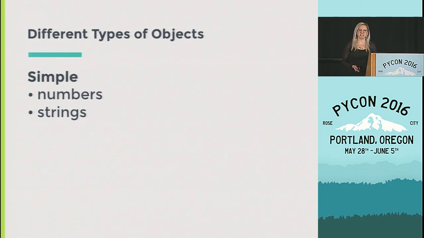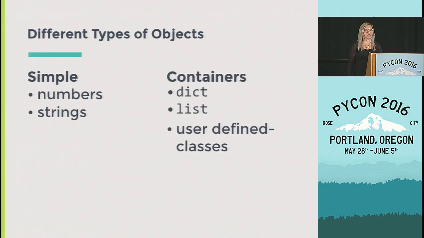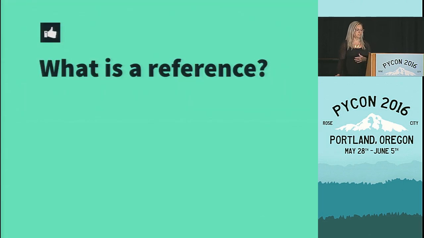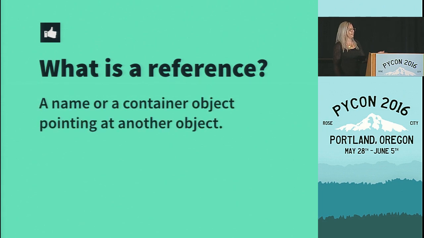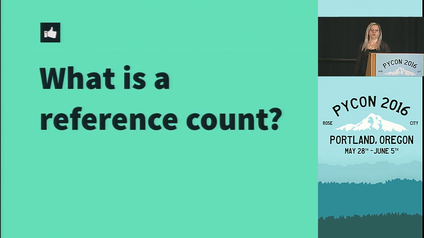Each simple object is generally stored in memory once. We also have container objects like dictionaries, lists, and user-defined classes. Those container objects store references to either simple objects or other containers. So what's a reference? A reference is a name or a container object that points at another object. What's a reference count? It's the number of references that you have.